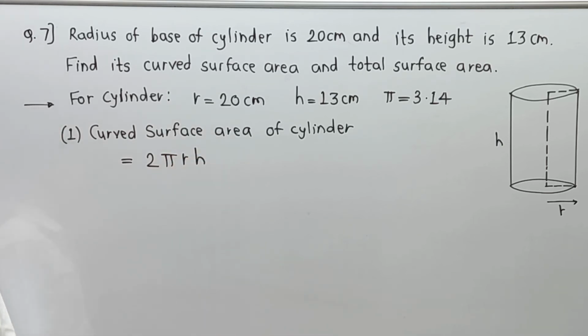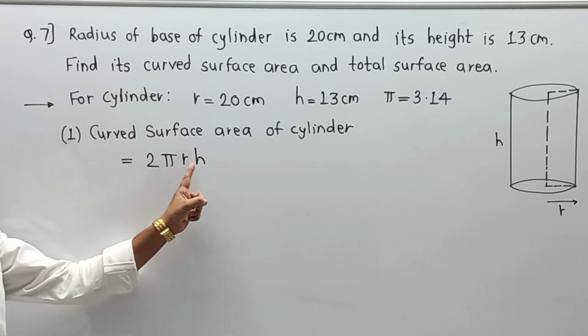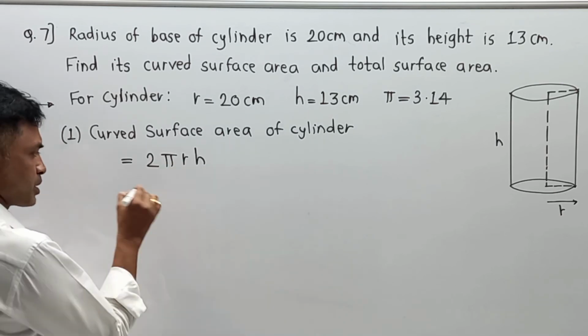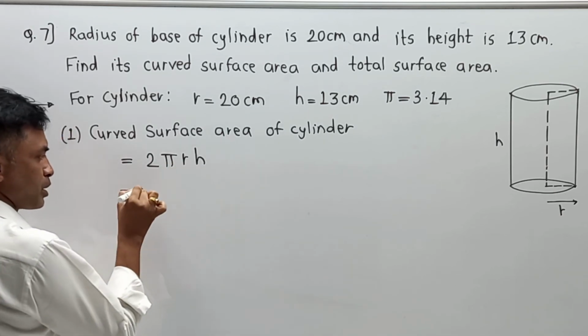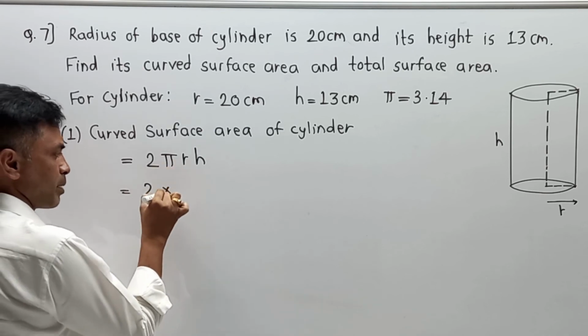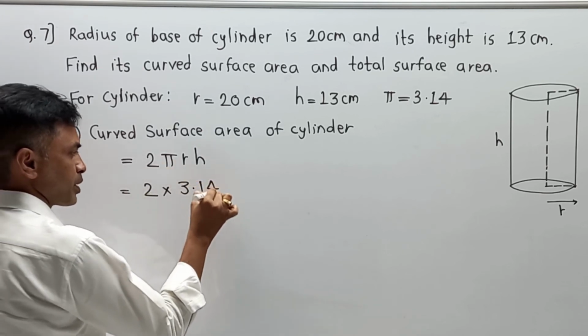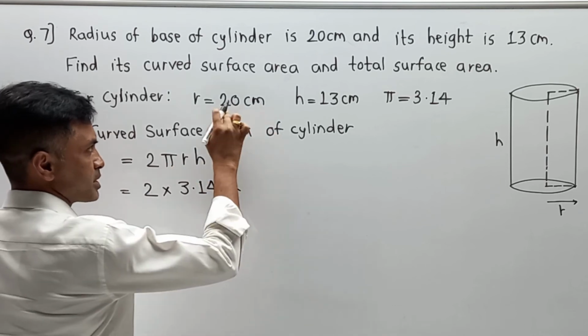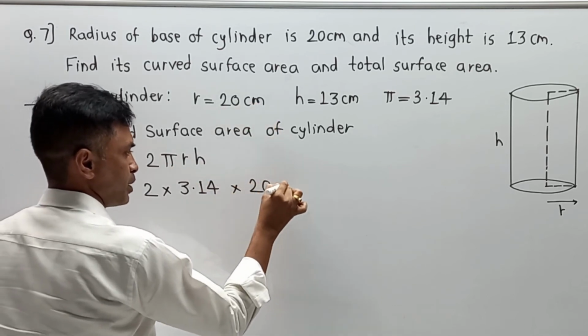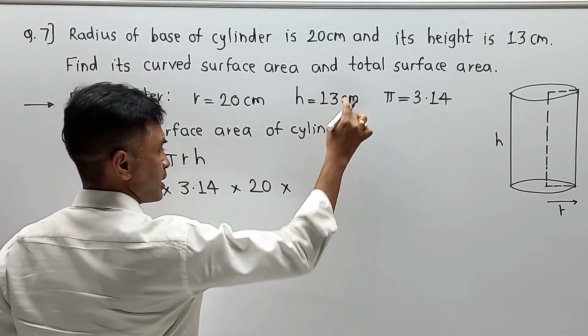Now putting the values one by one, 2 pi r h. Now simplification. So 2 pi means 3.14 into r, the radius, which is given as 20, into h, the height, 13.